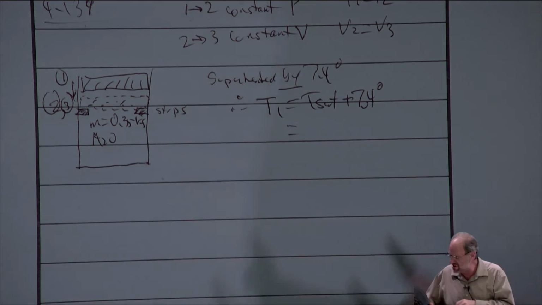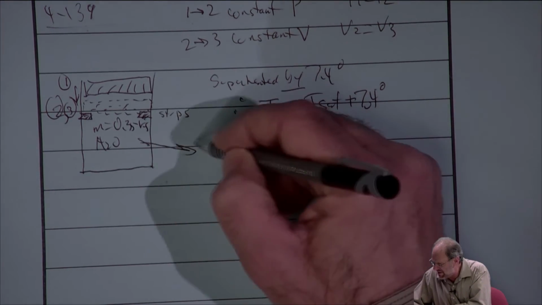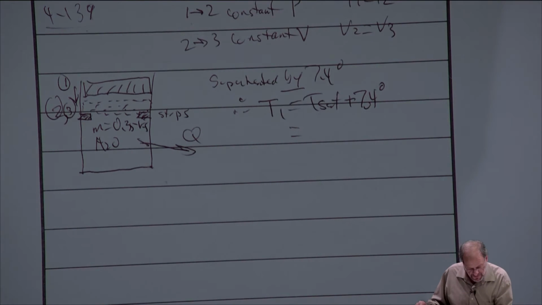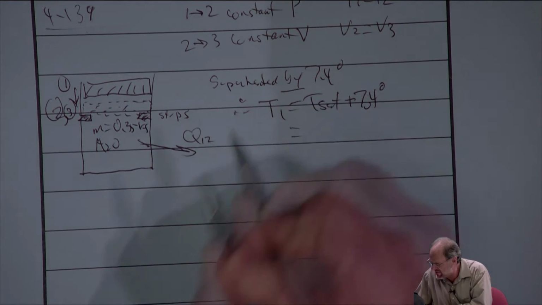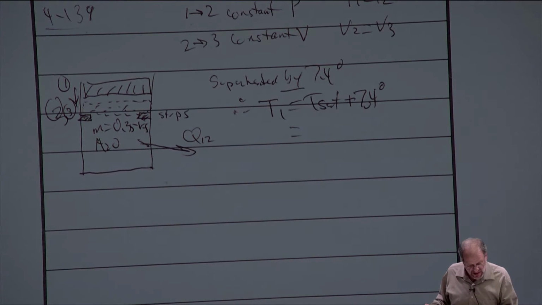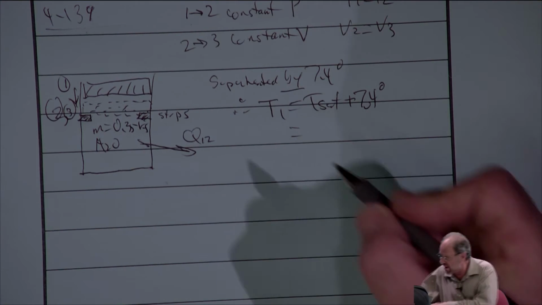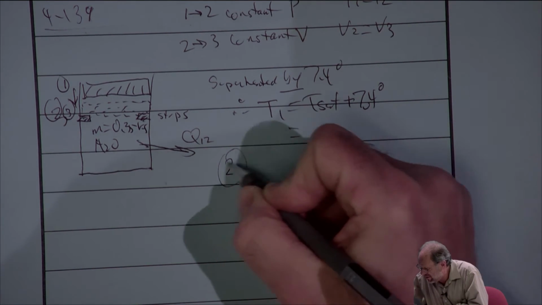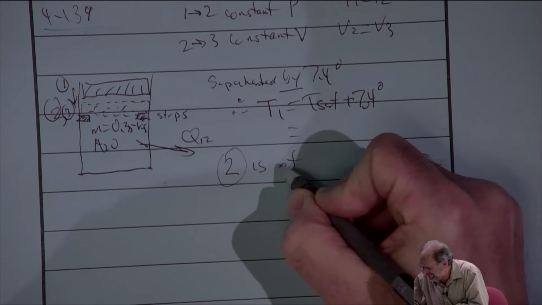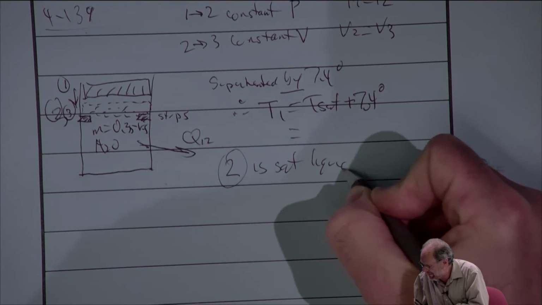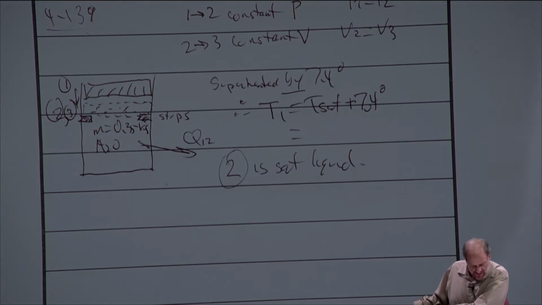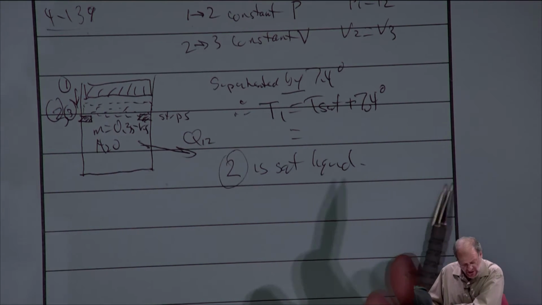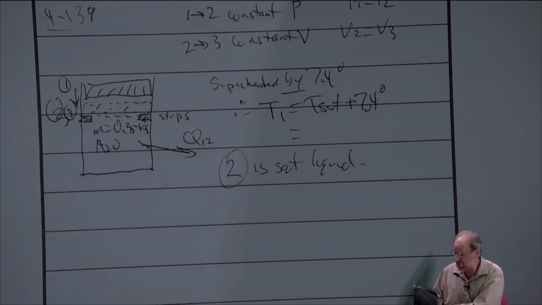Okay, steam loses heat to the surroundings. So there's heat transfer out of the system. And the piston moves down. So there is some heat transfer from 1 to 2. Eventually it hits the stops, at which point the cylinder contains saturated liquid water. So 2 is sat liquid. All right. Again, we know now that as the cooling continues, the temperature is going to drop some more.